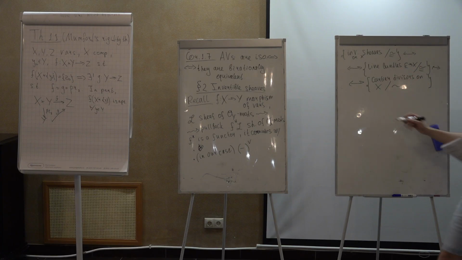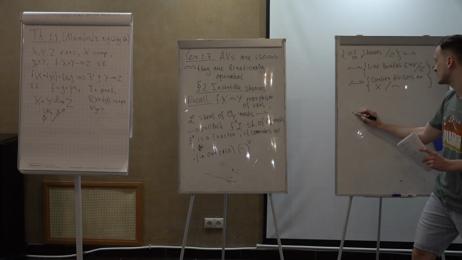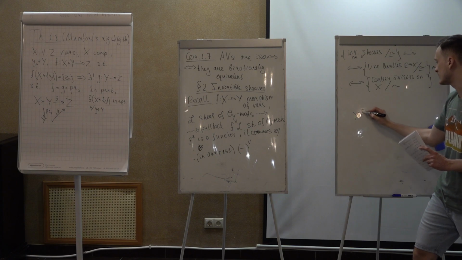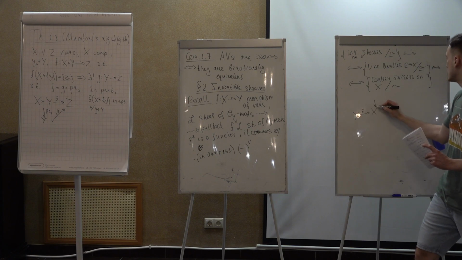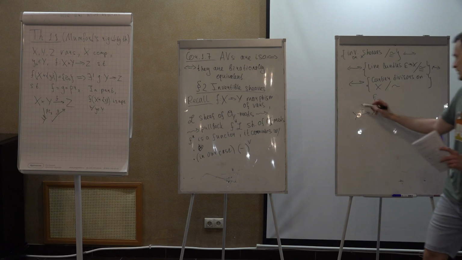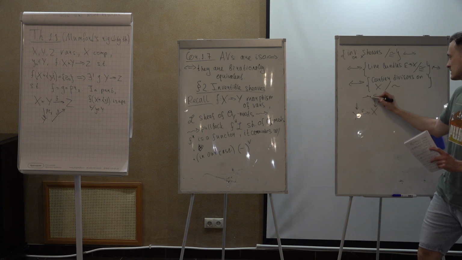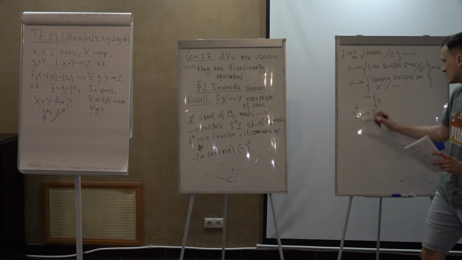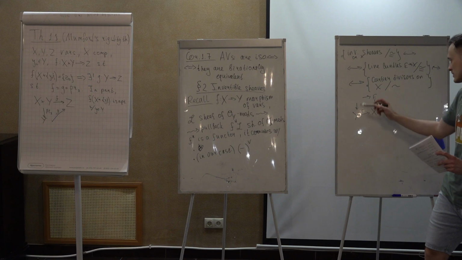And for line bundles, how does it work? If I have a morphism, I have a bundle here, say pi. Then I can just take this categorical pullback, or fiber product, right?